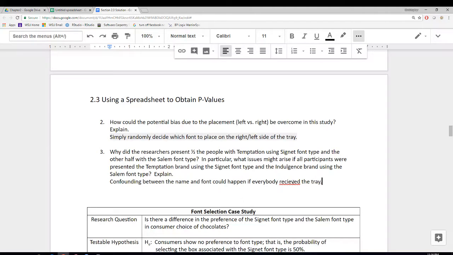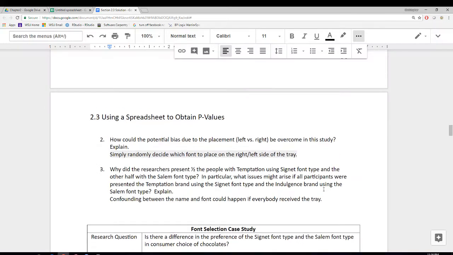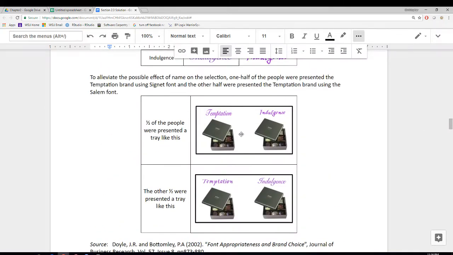If everybody received this first tray, we couldn't be certain that they're picking Temptation because of the font and not because of the name.